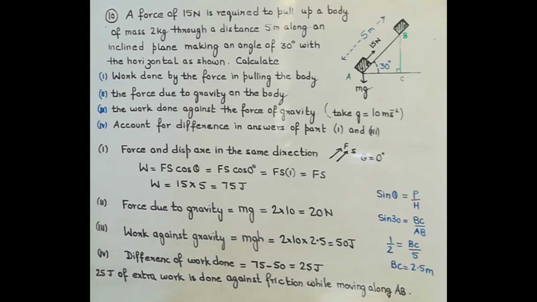So to overcome that friction, this 25 joule of extra work has to be done. So this is the reason why extra work is done in part 1 in comparison to part 3. Though in both the cases you can see body is moving up to the same point B, whether you go along the path AB or you lift it directly. So this point is clear to you, so you can pause and note it down.